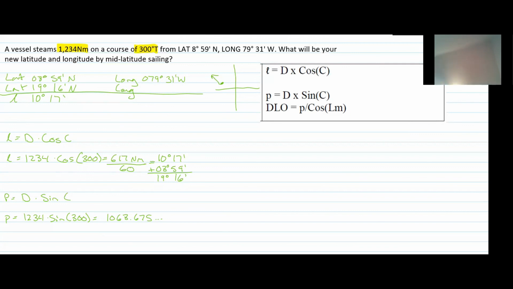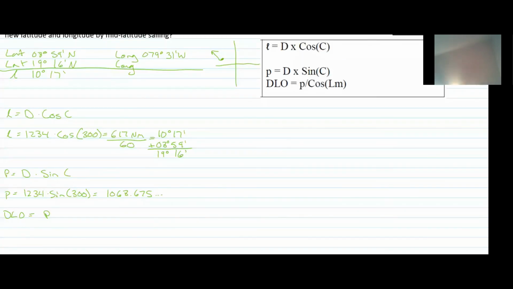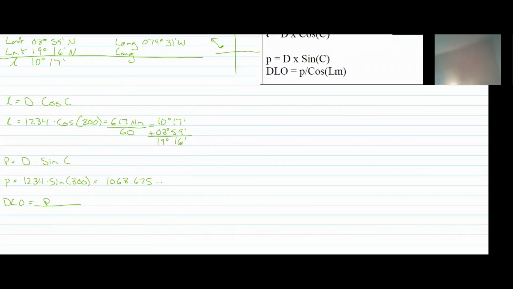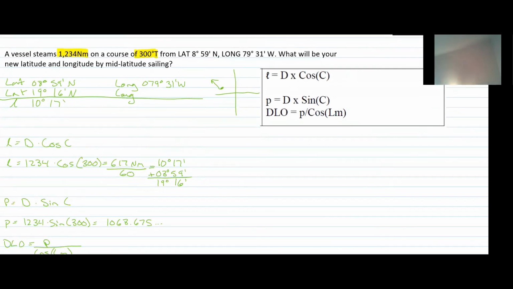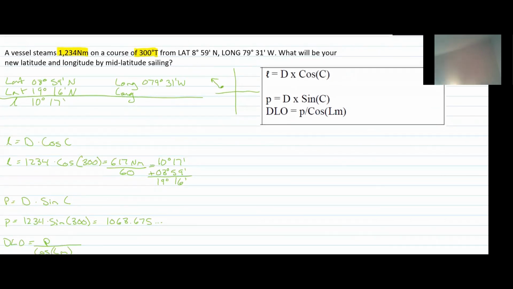Now that we have P, we can move on to our next equation, which is D lo equals P divided by cosine of LM, which is our middle latitude. We are still missing what LM actually is, so we'll need to find that.